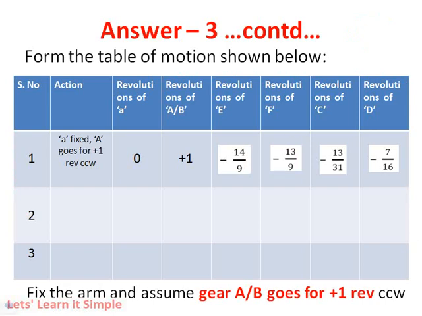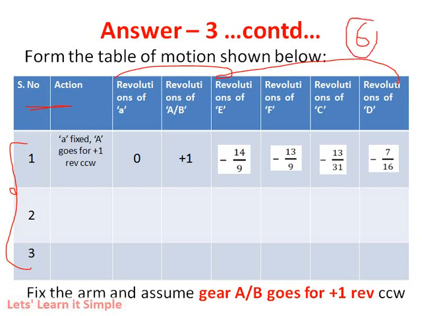Now if you go to the table of motion, this is the arrangement of the table of motion for solving problems in epicyclic gear train. It will have 3 rows, which is common, which we discussed in the previous 2 videos. And if you take the columns, these 2 columns are also fixed. The number of additional columns purely depends on the number of elements.